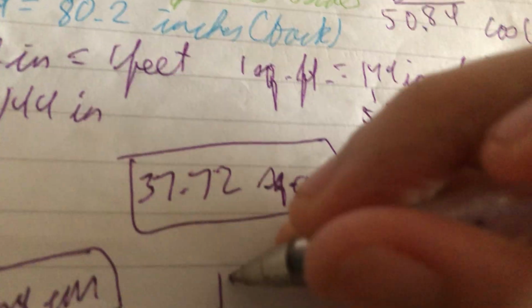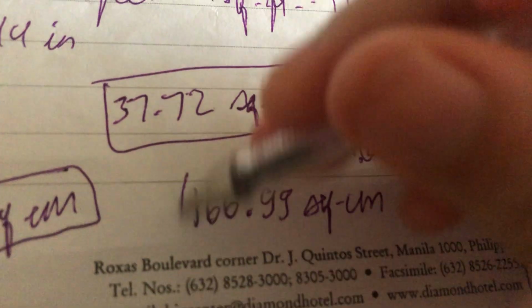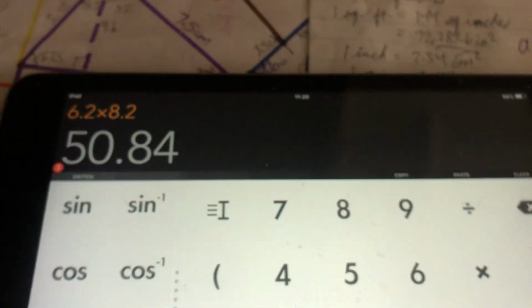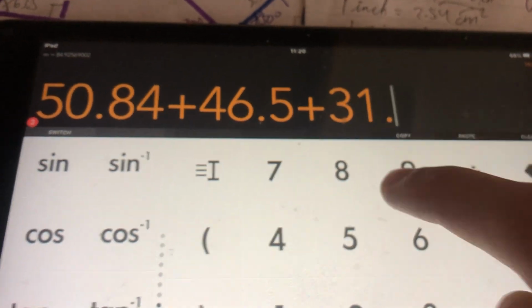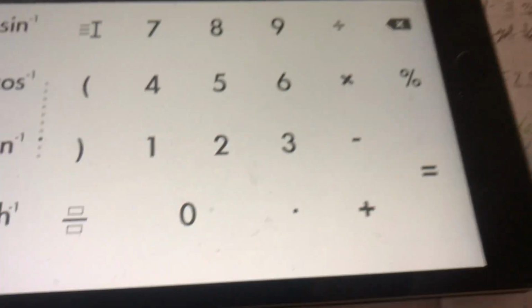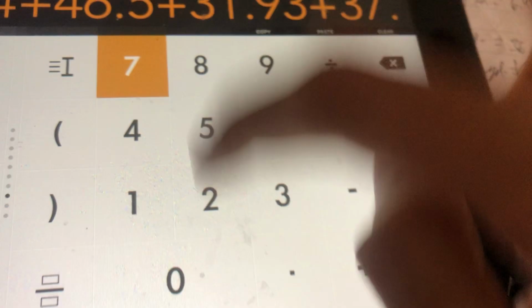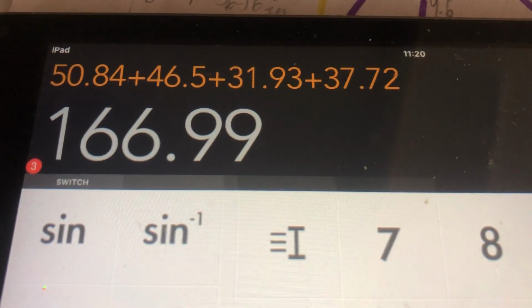So therefore, the surface area is 166.99 square cm. Let's check with the calculator kung tama. Yes, very good. And that's our surface area.